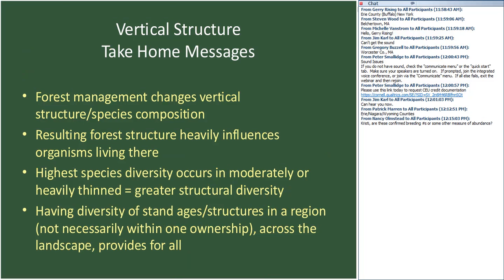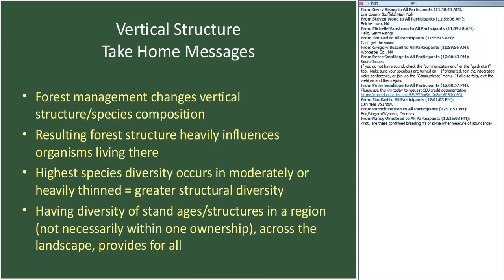So the take-home messages for vertical structure are that forest management changes the vertical structure and the species composition. The resulting forest structure heavily influences the organisms that live there. So if you're an amphibian, you might not like it if there's a lot of light penetrating, but some birds do. Certainly reptiles would like those types of conditions.